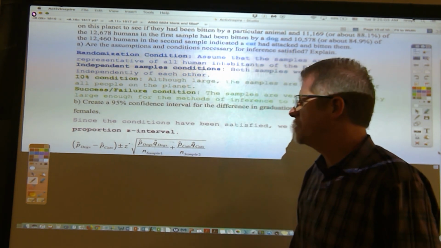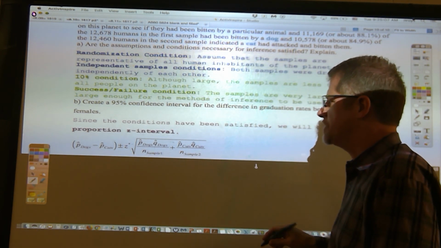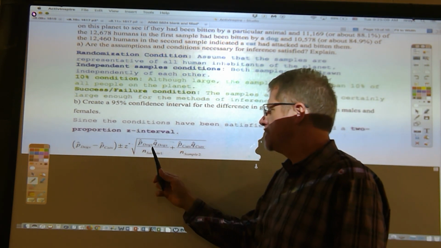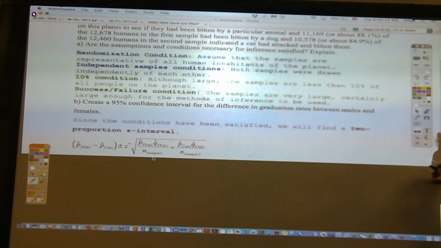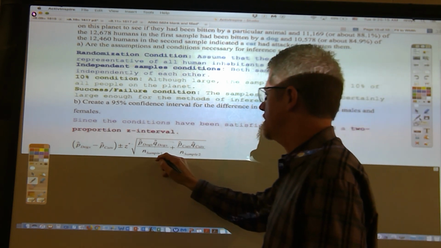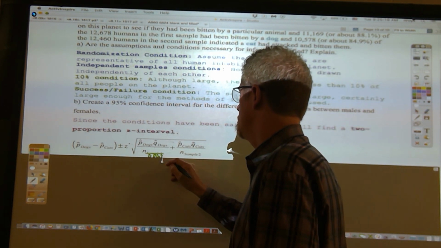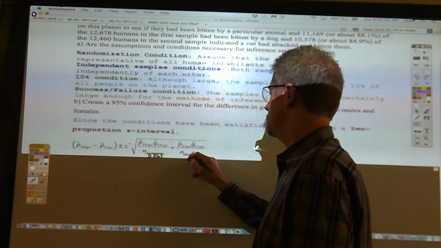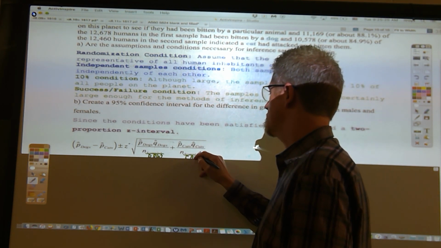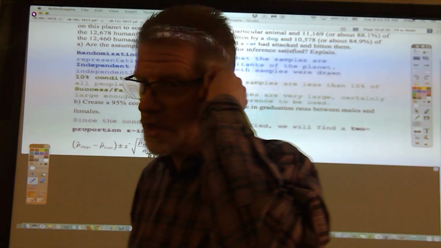So it's p-hat dogs minus p-hat cats plus or minus Z star square root of p-hat dogs, q-hat dogs over number of, that shouldn't say sample 1, that should say number in the dog sample, n sub dogs, AP graders will say that means what you want it to mean, n sub cats. So now try to fill in the numbers, and then go to your calculator to do the rest.